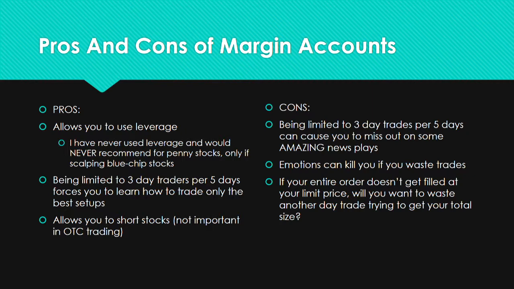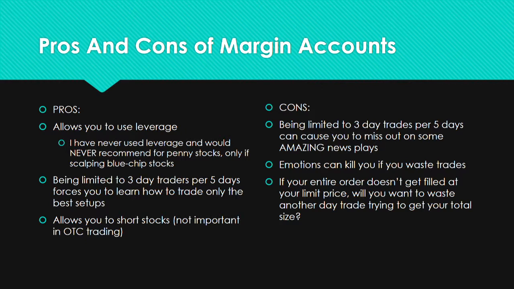Now, say you only get filled for 2,000 shares and the stock price goes up. Well, if you modify your limit order and raise it up to match the stock price, if you buy the rest of your shares, that will count as another day trade. So that will effectively turn that 1 day trade into 2 day trades.